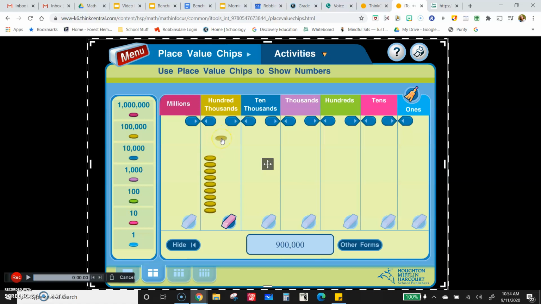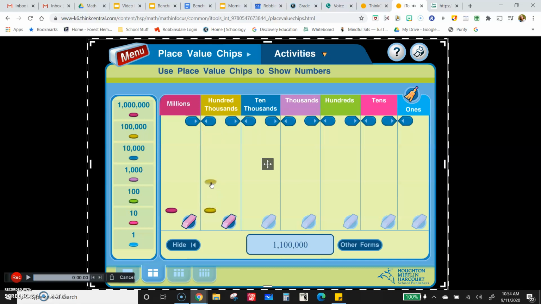Now if I have 10 100,000s after I add this next one, there's no number 10 100,000, but we can regroup it into the millions place, and we have 1 million. So 10 100,000s is the same thing as 1 million.